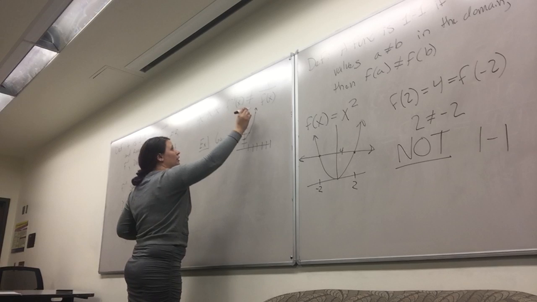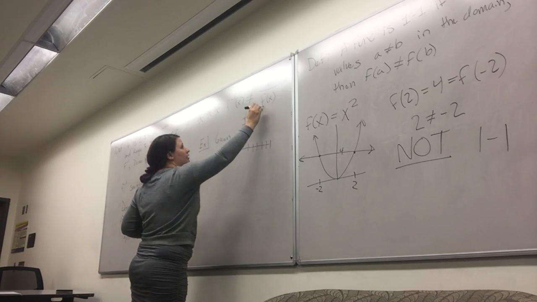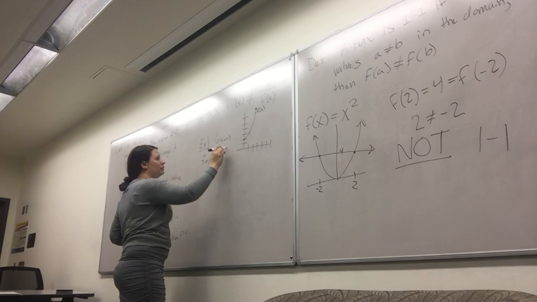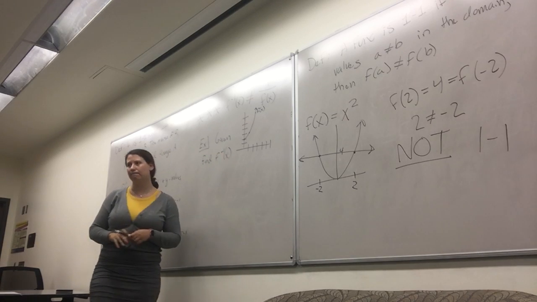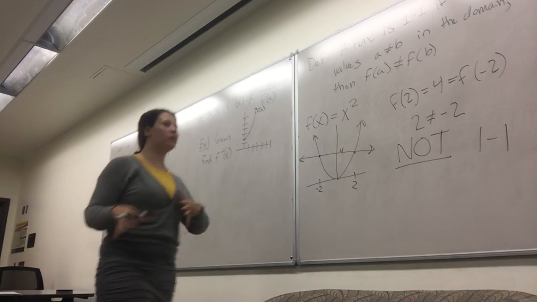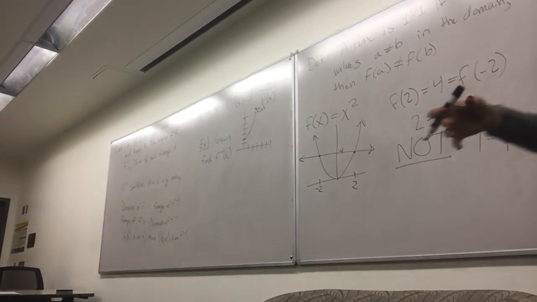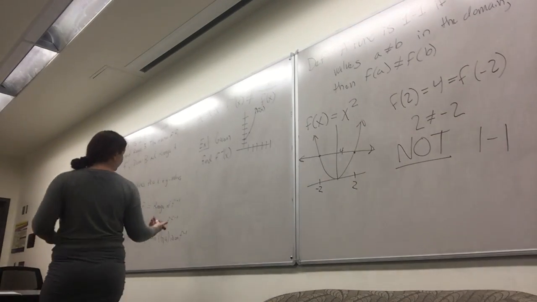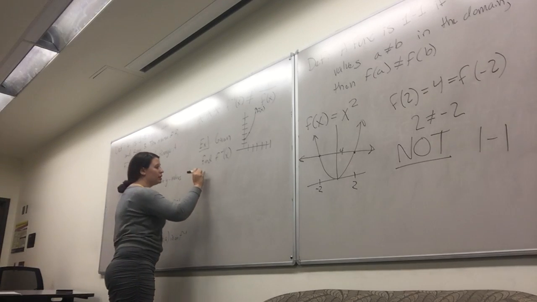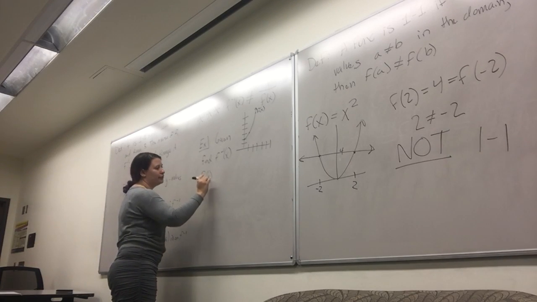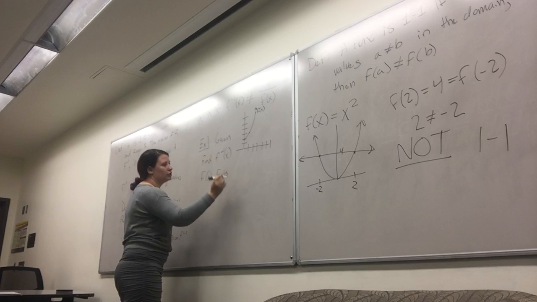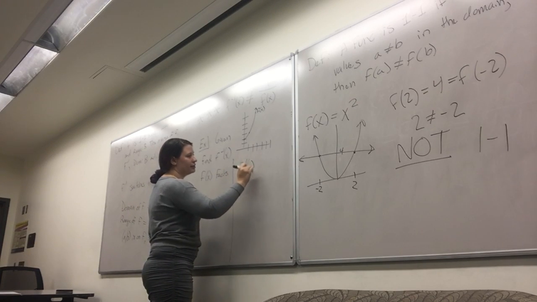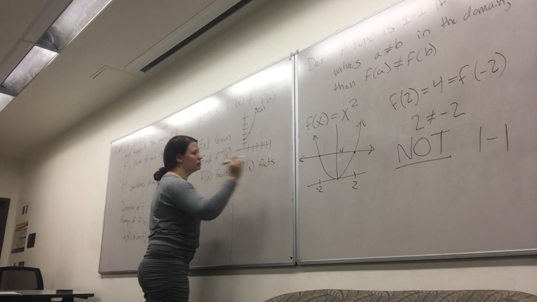So if this is f of x, we want to find f inverse. Okay? So let's write down what we know about f and then change it to be about f inverse. So these are f of x facts. And then we'll have a list of f inverse of x facts. Okay?